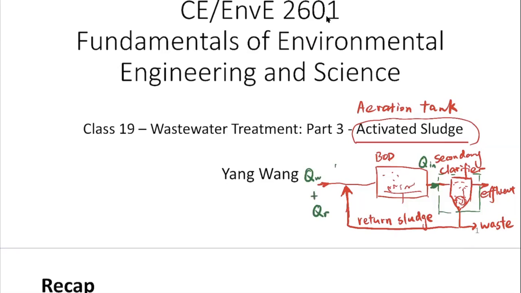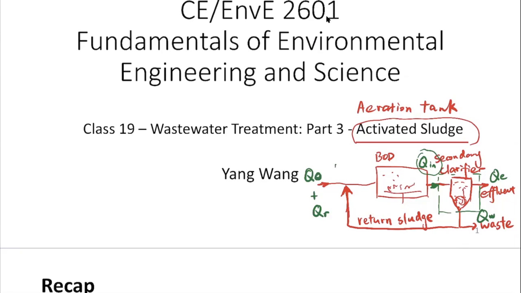So these two adding up together, that's going to be the inflow here. And then further, we have the effluent, and also a fraction is the waste. Okay, so maybe here I should use, let's say, Q0 to indicate the flow that's coming out of the primary clarifier. Okay, so this is trying to analyze the mass balance.